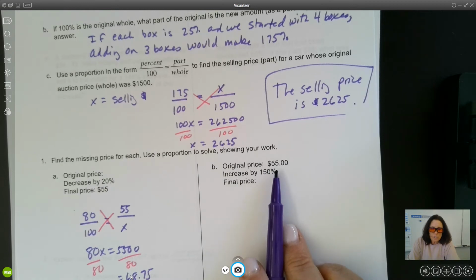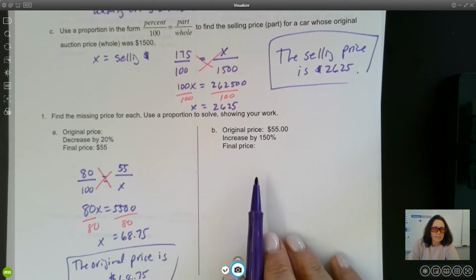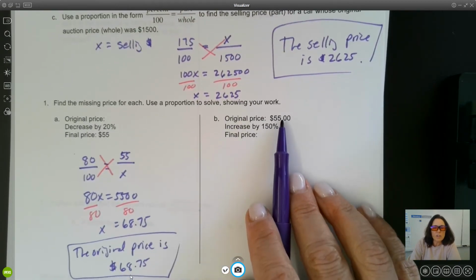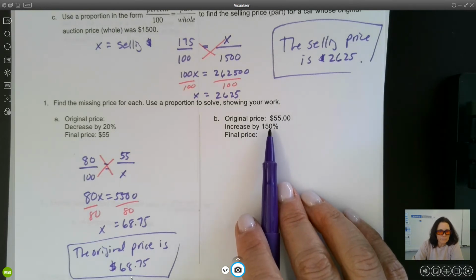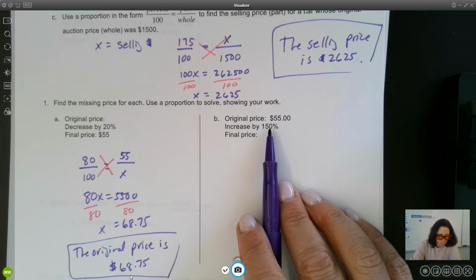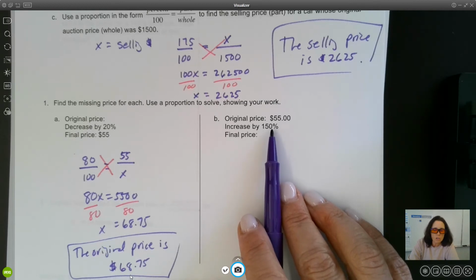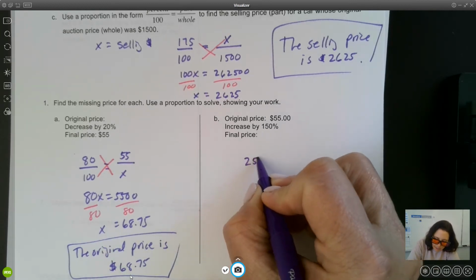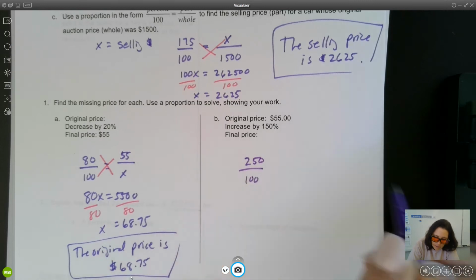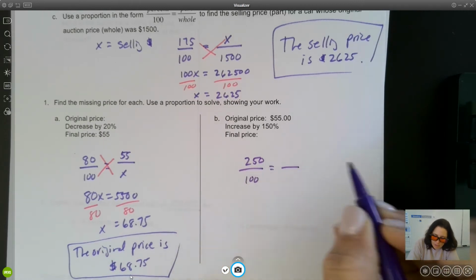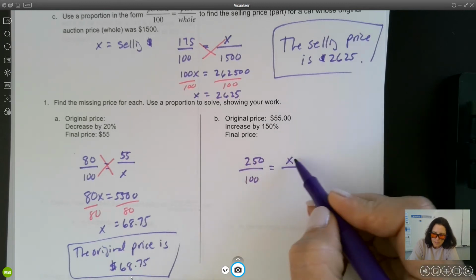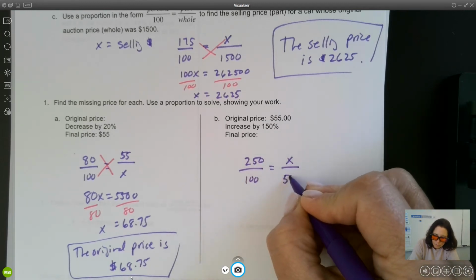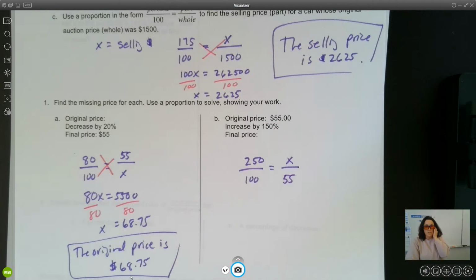This time we have an original price of $55. And if it's increased by 150%, we're going to add 150 onto 100 to get 250. So the final price goes with the 250 on the top, and the original price goes with the 100% on the bottom.